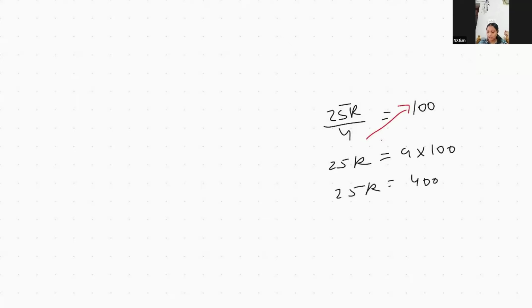Now this is in multiplication here, so I can take it to that side and it will become division. That is why it became 400 by 25. Divide it and you will get r equals 16%. Now it's clear, Simeon? Yeah. And copied? No, I'm still copying, just one second. Okay, no problem.